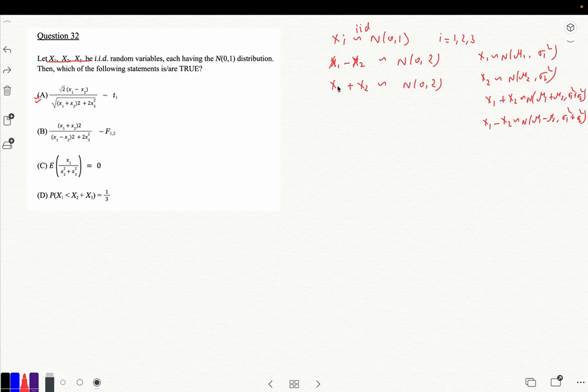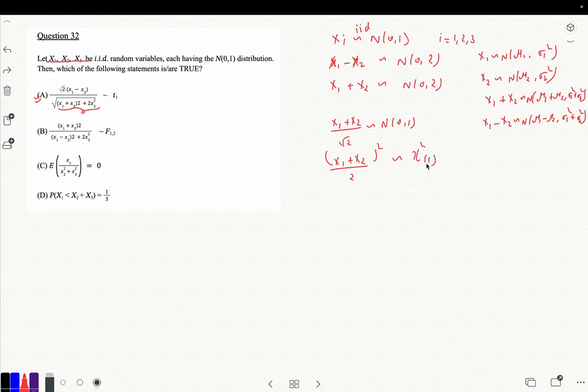Okay, now let's just see. We are trying to form the T1. Let's see the denominator part, that is x1 plus x2's whole square plus twice of x3's whole square. So we have x1 plus x2 divided by root 2, that is going to be normal 0, 1, that is x minus mu by sigma, the z part. And if I do the square of it, this is going to be chi square 1.